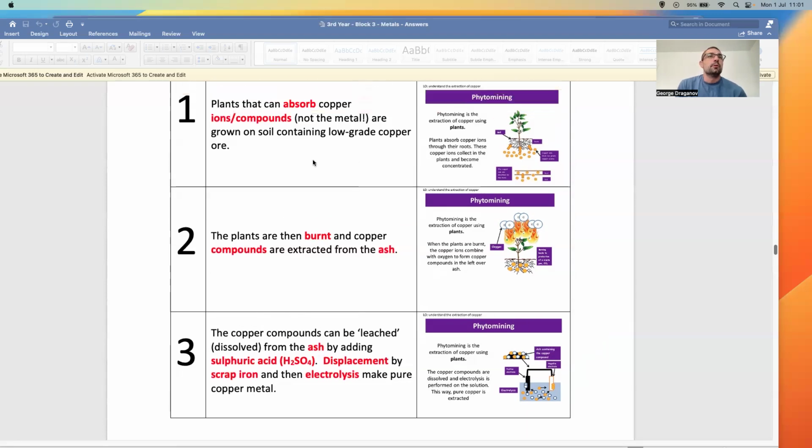So in summary, you grow some plants that absorb the copper ions through their roots, you burn them to ash, you leach them by adding sulfuric acid, then you either do displacement using scrap iron or electrolysis.